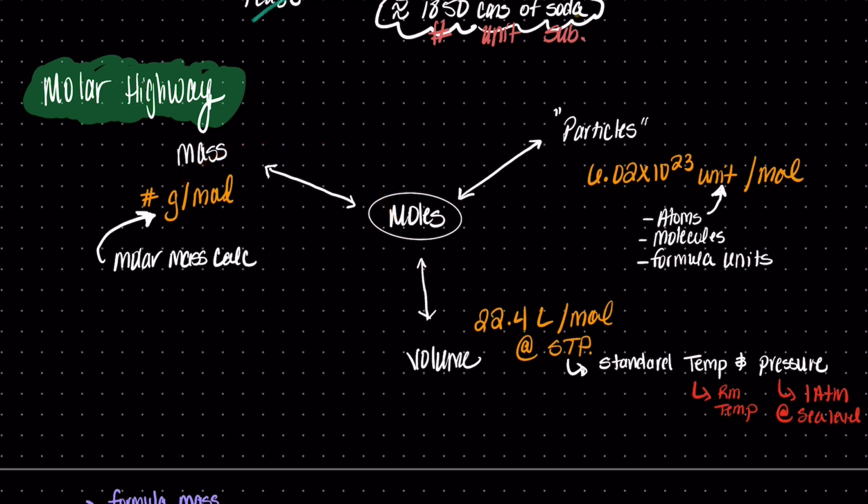Notice my steps. 1, 2. In doing these conversions, you have 3 different options to convert between a mass value, particle associations, or some volume units. These volume units have to be at what we call standard temperature and pressure, or STP. This standard temperature and pressure is the standard value in places that chemists conduct experiments.